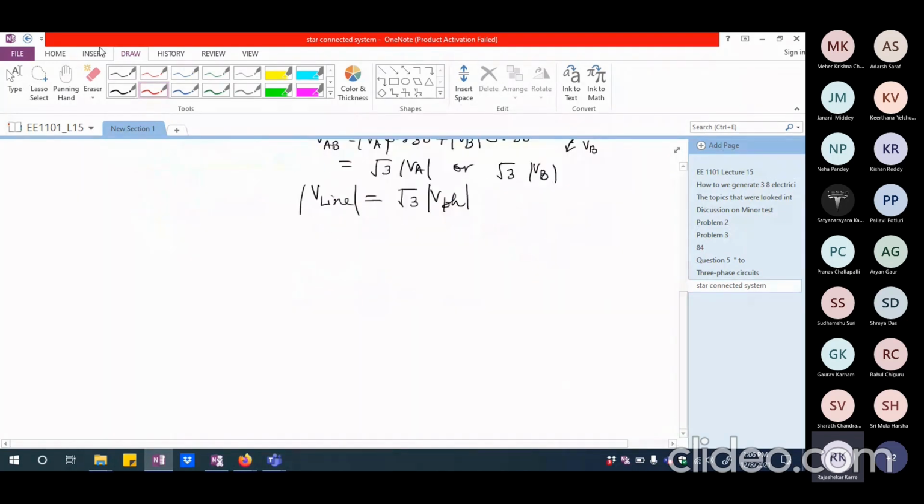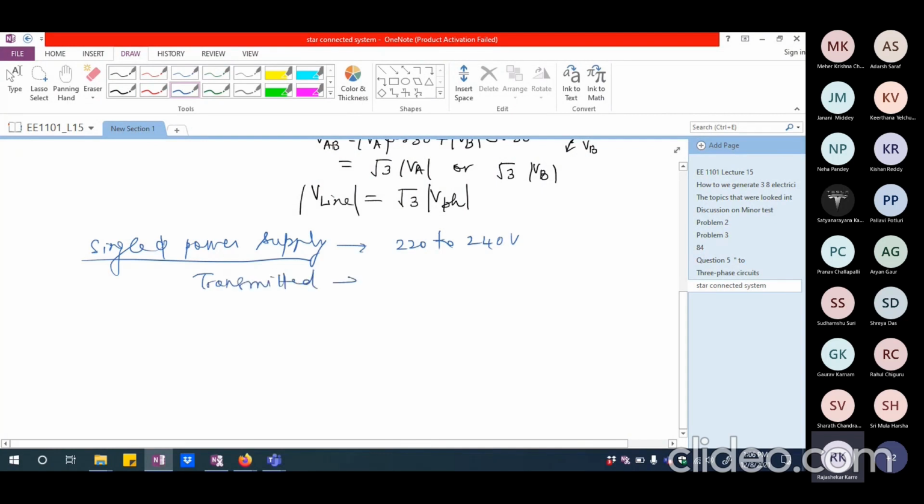If you normally see at home, our single phase power supply is somewhere between 220 to 240 volts. Whereas what is transmitted from the substation will generally be V line, which will be root 3 times this V phase magnitude. So root 3 times 230 is roughly 400 volts.